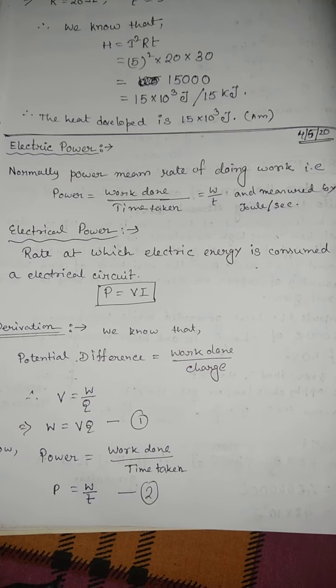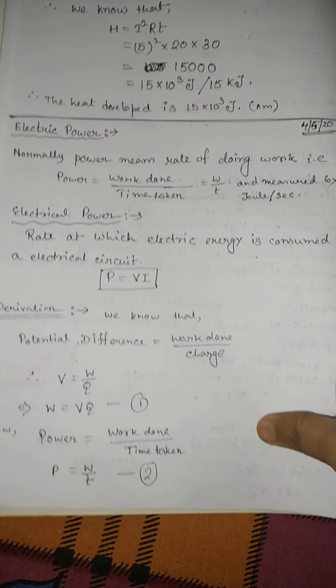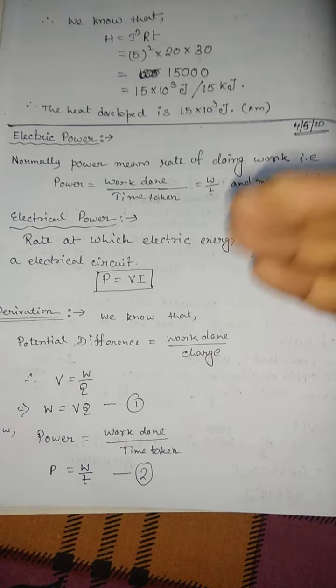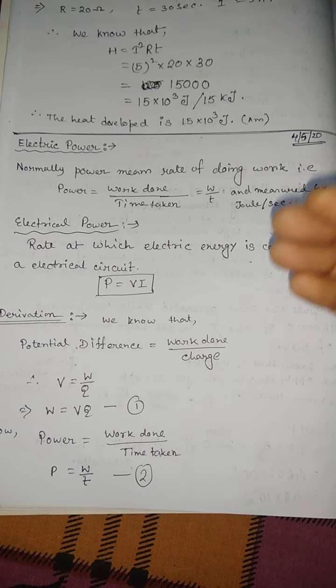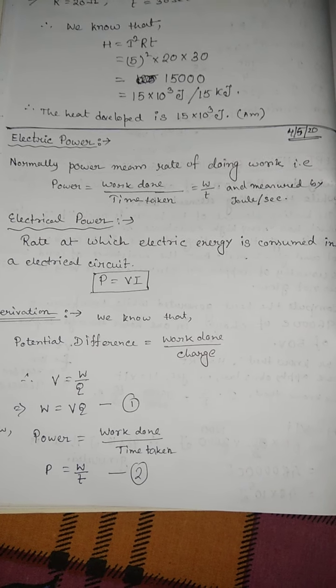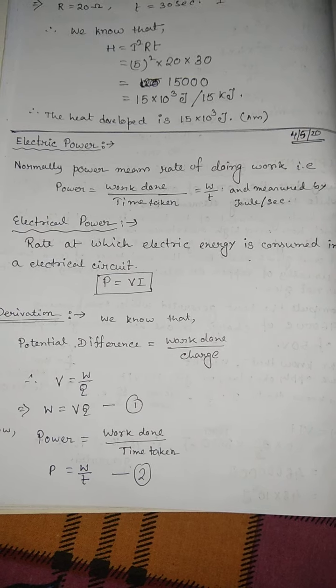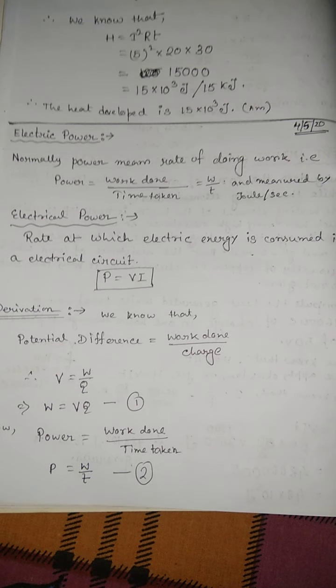So electric charge also has some power. That's why this is called electric power. The definition is the same: the rate at which electric energy is consumed in an electrical circuit or by electrical appliances is called electrical power.